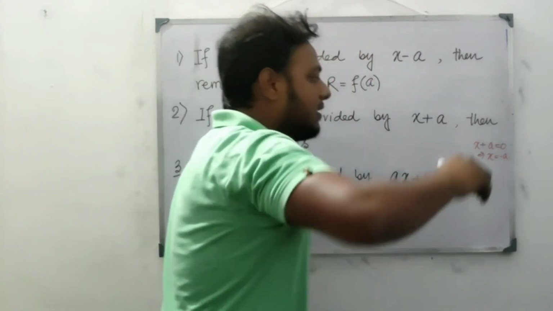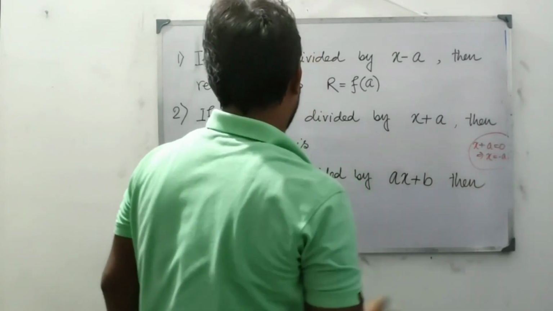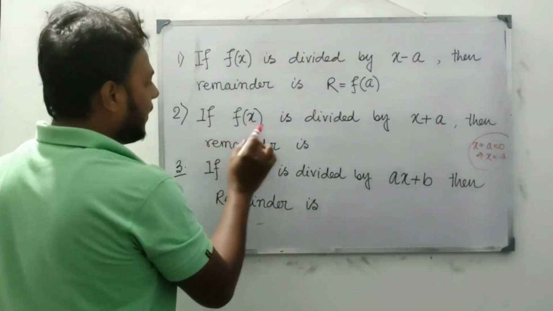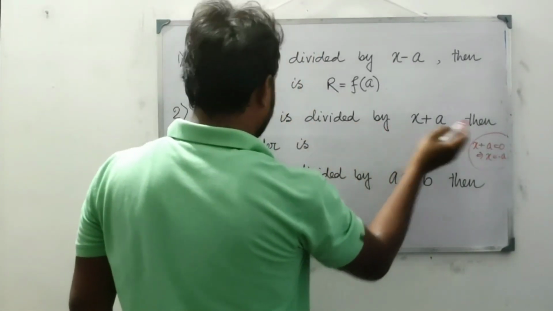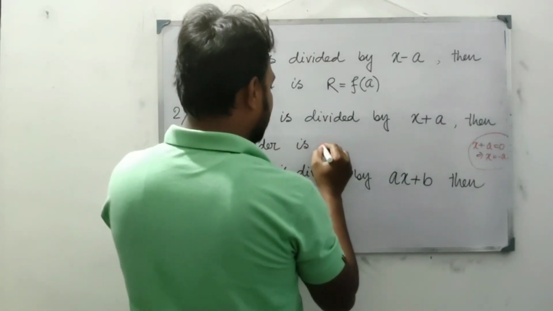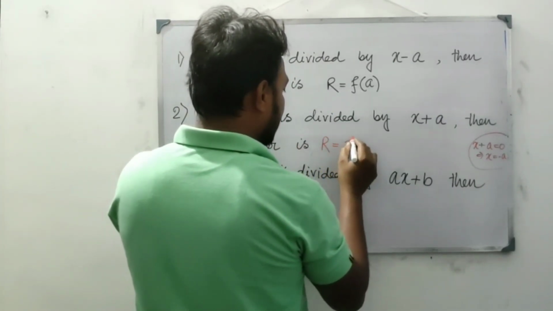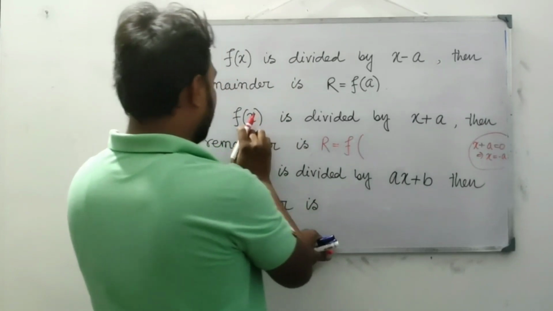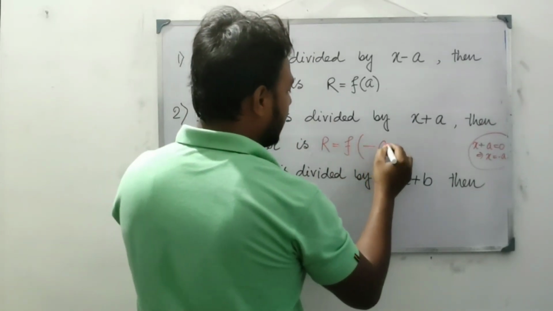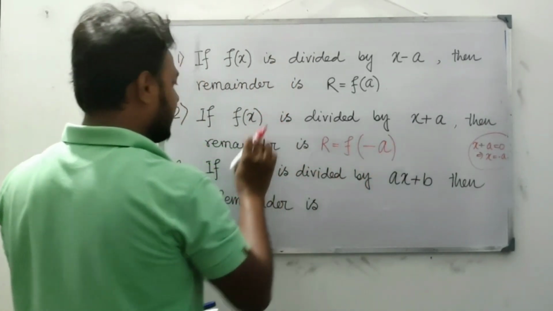So complete this line: if f(x) is divided by x plus a, then the remainder is r equals f of minus a. This completes the second.